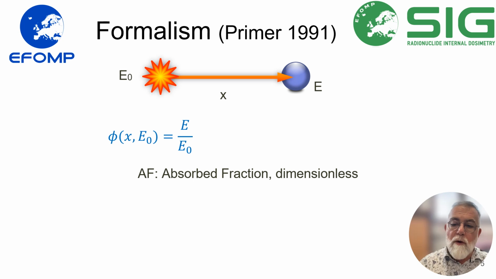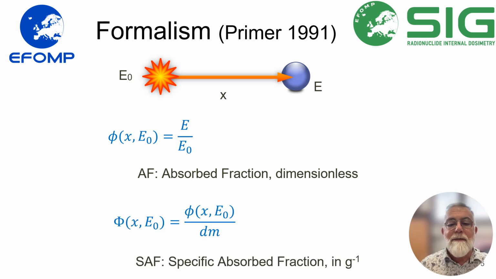However, you may want to compare the absorbed fraction in different media, in which case you will divide the absorbed fraction by the small mass dm of that small volume in which you score the energy deposition. And be careful, it's a small phi, a big phi. Big phi is the specific absorbed fraction, and it's usually expressed in gram minus 1.